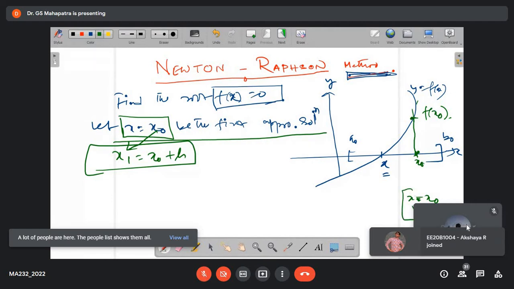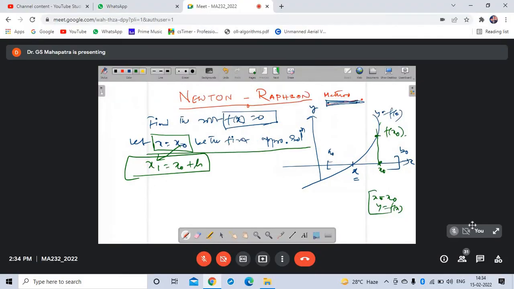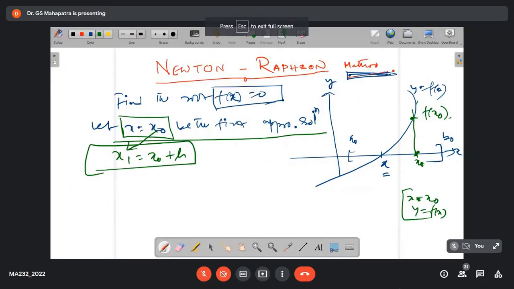This is the crossing point. At that point, you have to draw the tangent of the given curve. Now let us see. I will erase this one. One minute.